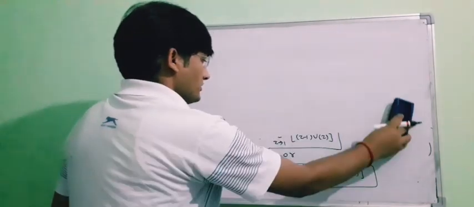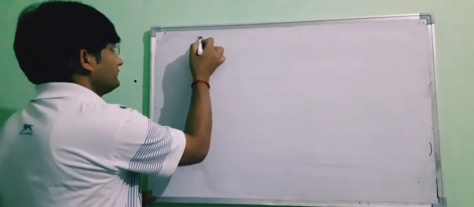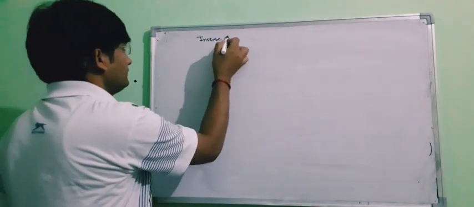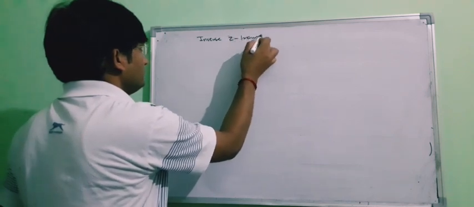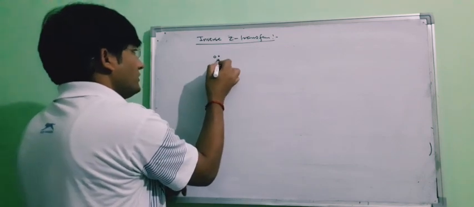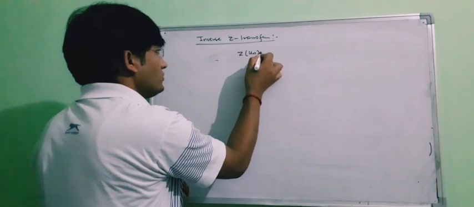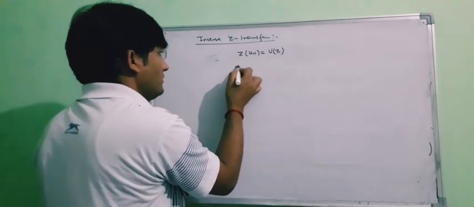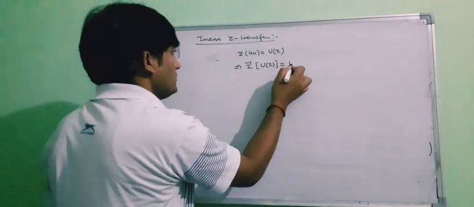Now inverse transformation. Inverse Z transform. As we know that Z transform of un is equal to uz, so basically the inverse Z transformation of uz will be the sequence un.